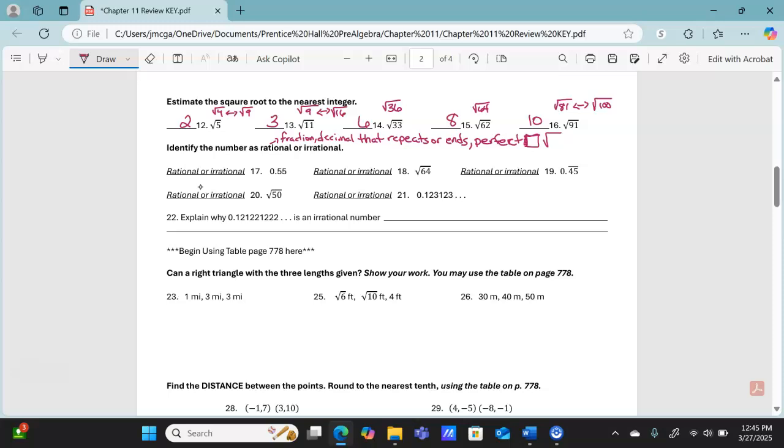So like the square root of 16 would be rational. Irrationals are decimals that don't end or repeat, and radicals that are not a perfect square.